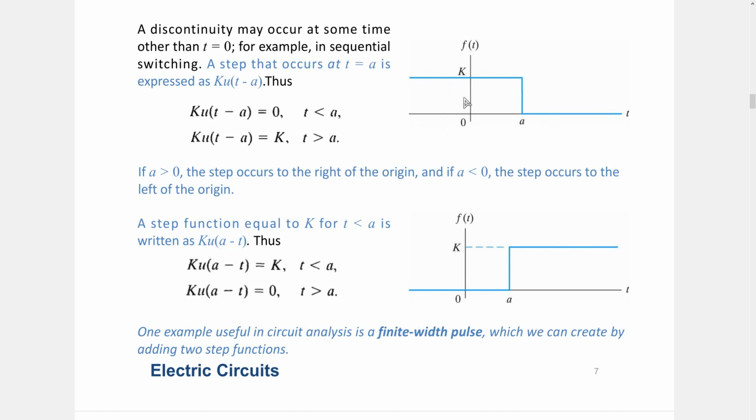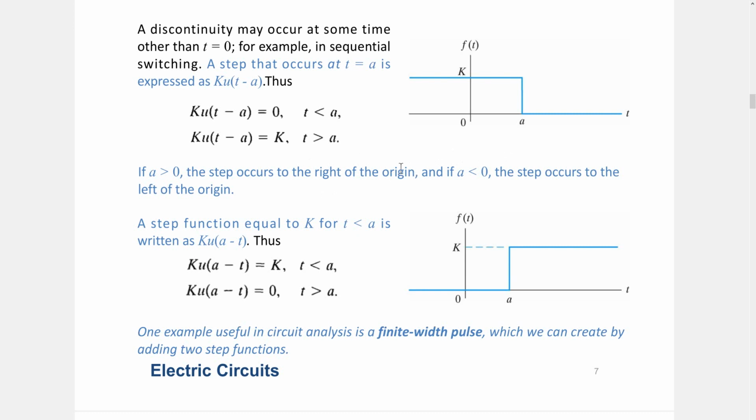So for this particular case, I can define k u(t minus a) equals 0 for t smaller than or equal to a, or k u(t minus a) equals k for t greater than a. Here, if a is greater than 0, the step occurs to the right of the origin. And depending on the sign of a, the step can occur to the left or to the right of the origin, obviously.